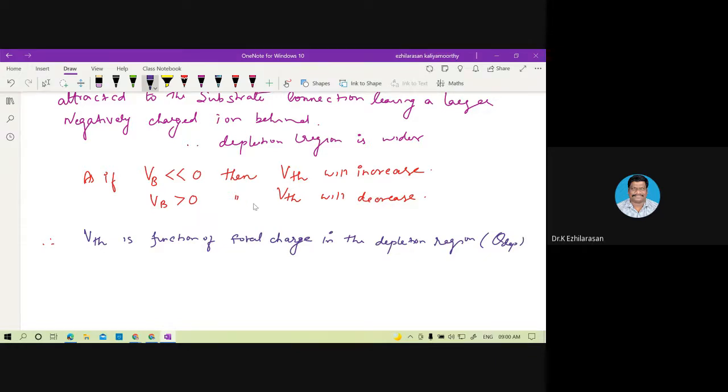So as VB drops, that is the bulk voltage drops, the depletion charge QDP will increase, which increases the threshold voltage. This effect I call the body effect.